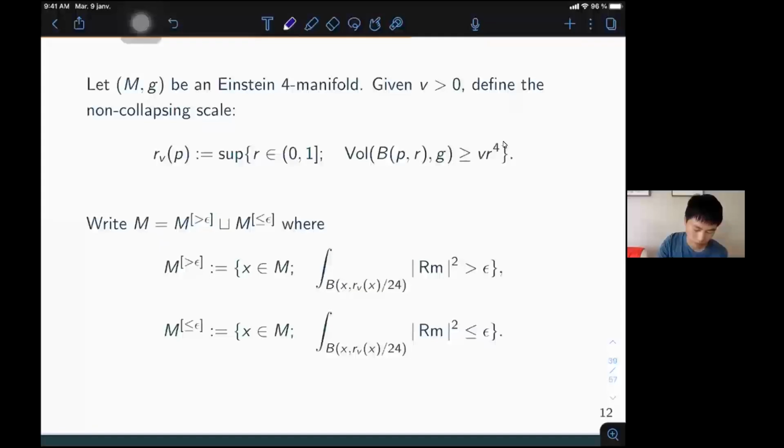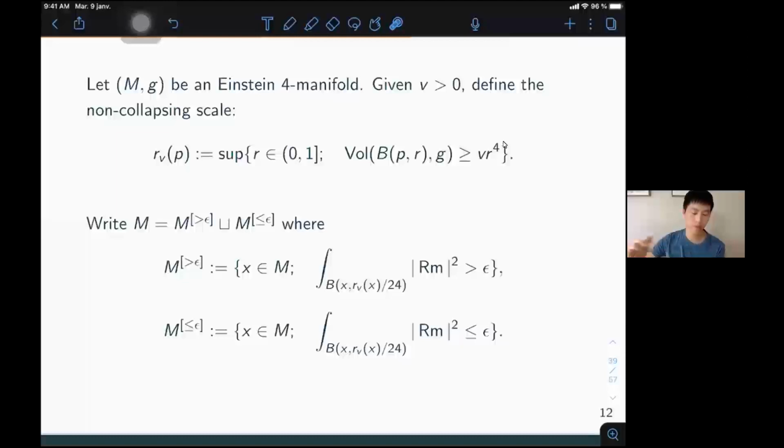So when you look at the scale of non-collapsing, you really have the good thing about both worlds. At the same time, you're collapsed because the volume when normalized is, say, equal to V, essentially, on the scale of non-collapsing. But also, since it's equal to V, it is not too small, so you can apply Cheeger-Naber.